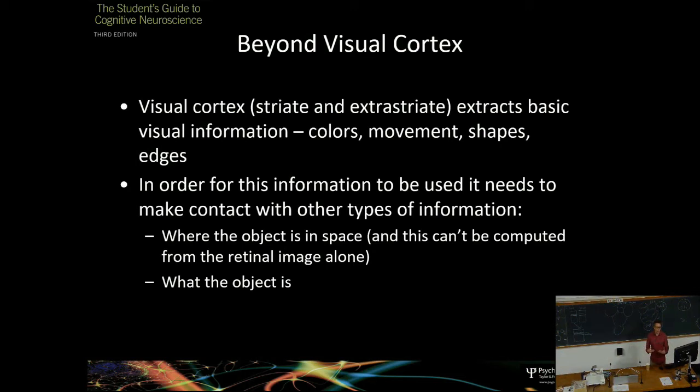As you go beyond this, what we're interested in next is object recognition. So far we're just talking about abstract properties like motion, colour, and so on. What about actually recognizing actual objects? For this, what we're particularly interested in is linking vision with memory.